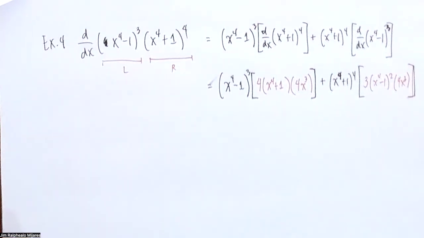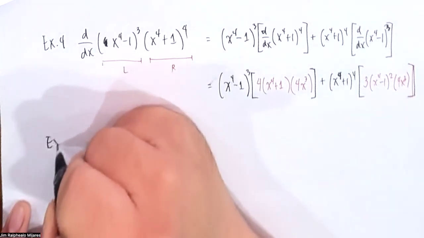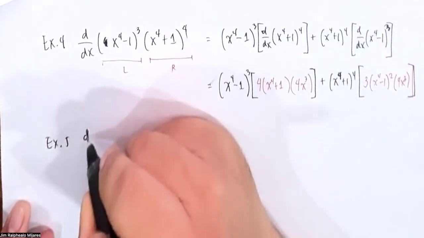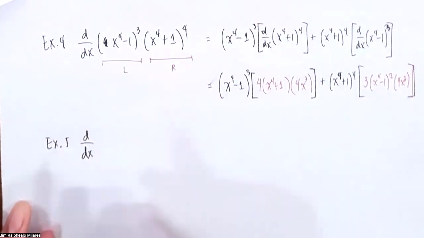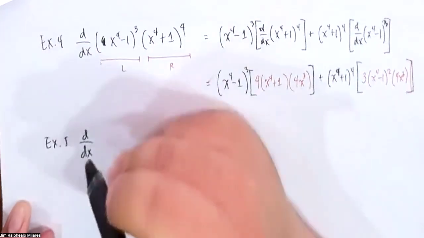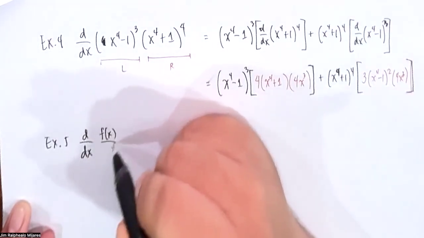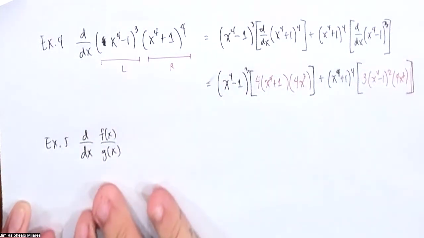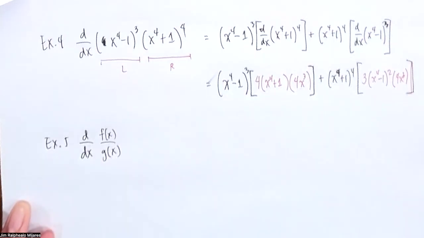Now, for a final discussion, let's try to derive the quotient rule. If you remember the quotient rule, it's go d high minus high d low over low squared.